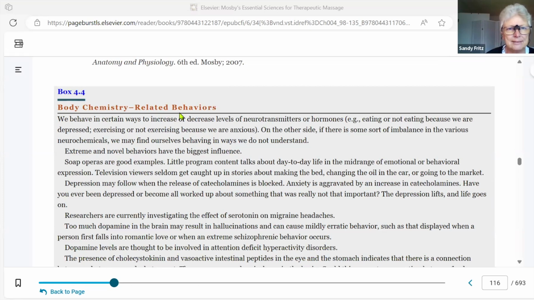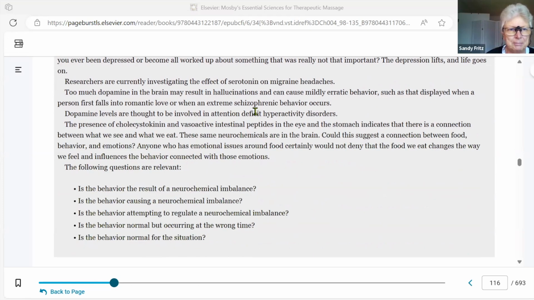So another box here on body chemistry and related behavior, and questions that we might want to ponder about what this is, especially if we're thinking about the potential for a referral. Is this a neurochemical imbalance? Is there an actual physical substrate here? And is that neurochemical imbalance what is causing the behavior?